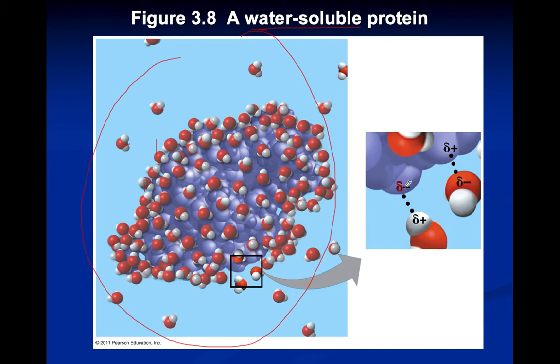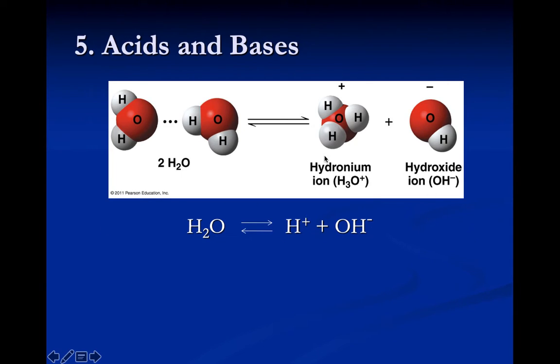Okay, so there are some partial charges on the protein, just like there are on the water molecules. And you'll notice that once again, plus likes minus and minus likes plus. Okay, so some proteins like water and some proteins don't like water.